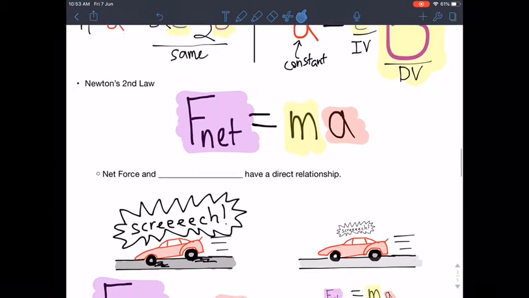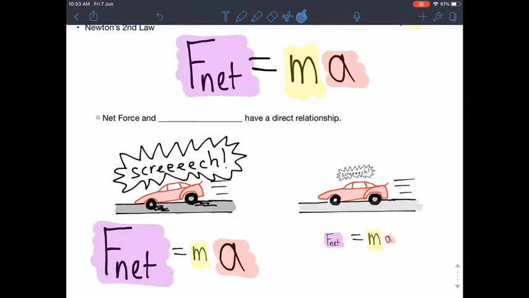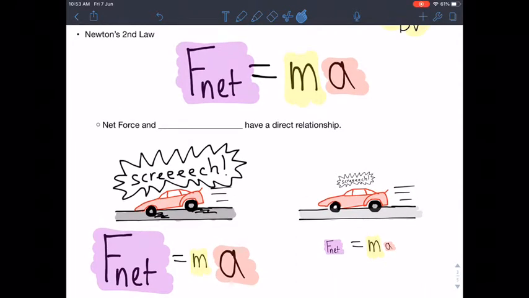Okay, so now we're going to look at the very first three-variable equation in this class, and possibly one of the most important three-variable equations in physics. This is called Newton's second law.